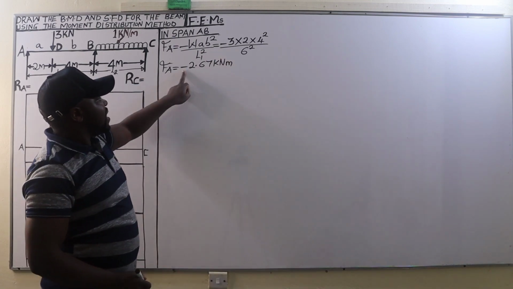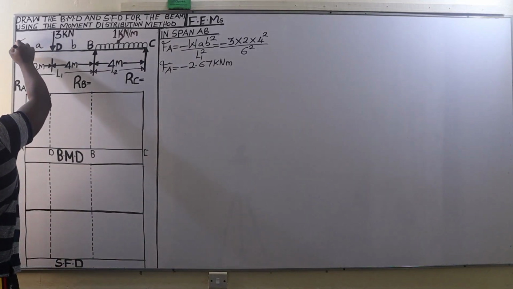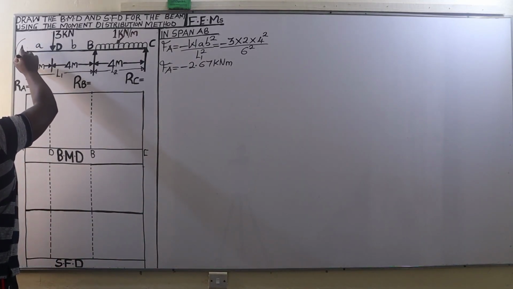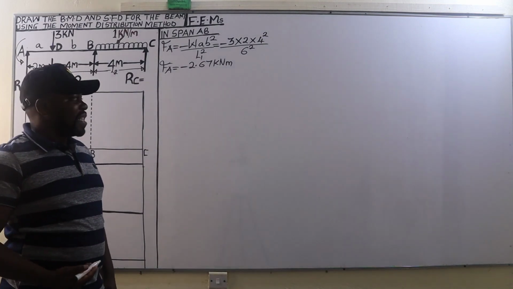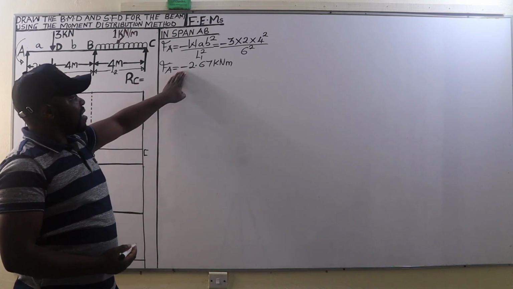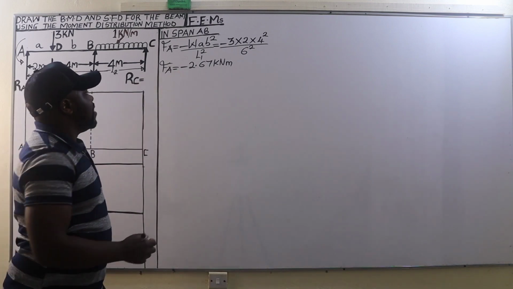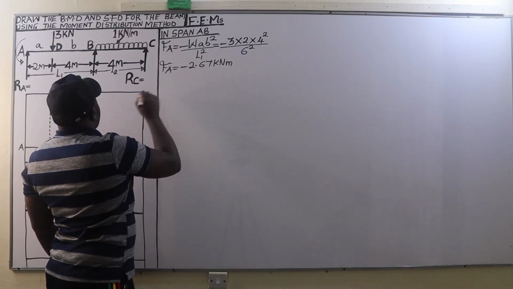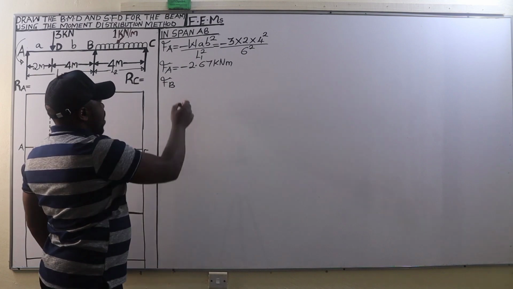The negative, since the moment at the end A is going to be an anti-clockwise moment, and in this case anti-clockwise moments will be represented by a negative sign.